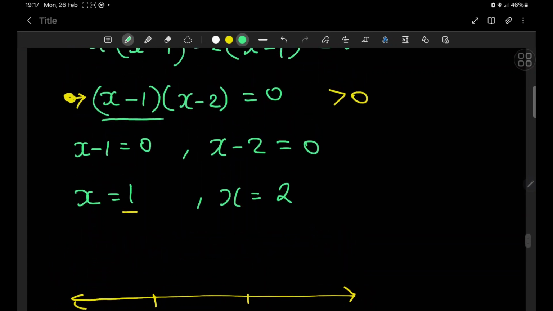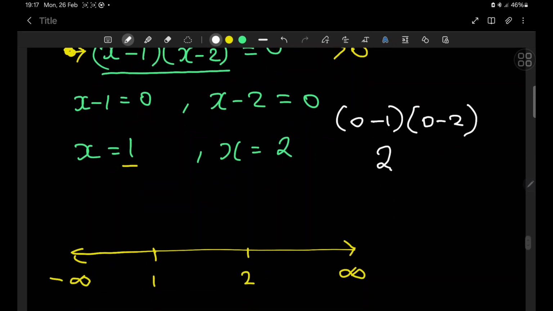We replace 0 wherever there is x. So we have 0 minus 1 and 0 minus 2. This gives us -1 times -2, giving us +2. So we're getting a positive number.